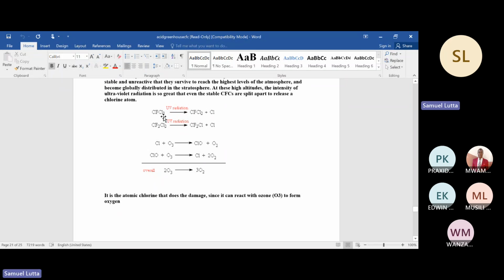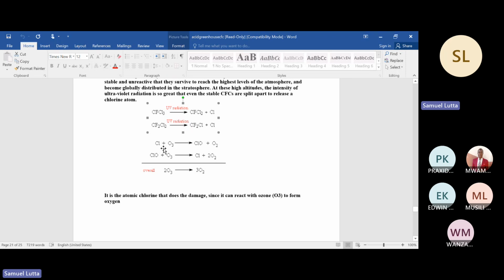So you can have a case where it breaks to form that. If you have a similar compound with 2 fluorine and 1 chlorine, it can still break down to form CF2Cl plus Cl. And then there's a reaction that we talked about here.